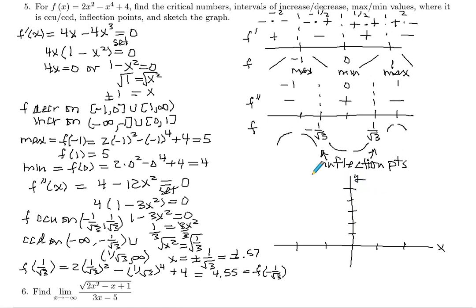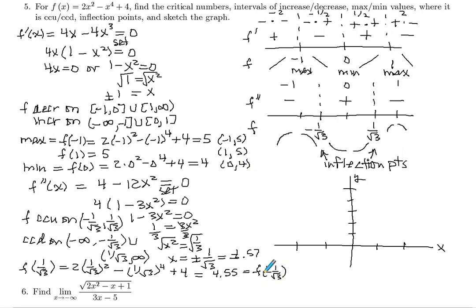Let's put our important points on there. So our max, when x is negative 1, y is 5. So negative 1 comma 5. When x is 1, y is 5. So that gives us 1 comma 5. Our min when x is 0, y is 4. So that gives us 0 comma 4.